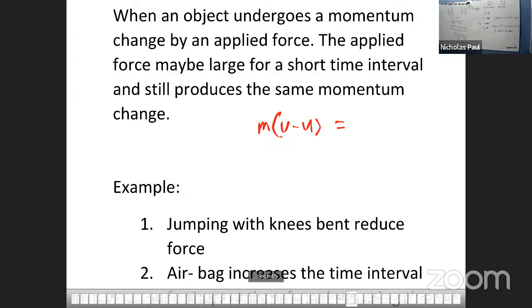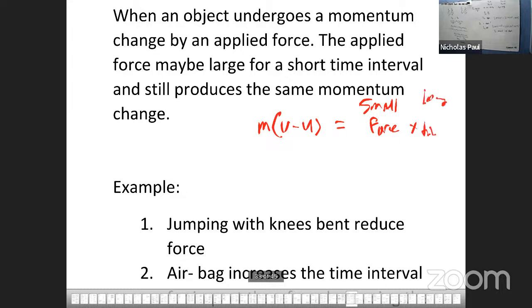But what happens if the force is larger than your knees can take? What happens? Your knees will break. So what we will end up with is a small force acting for a long time.